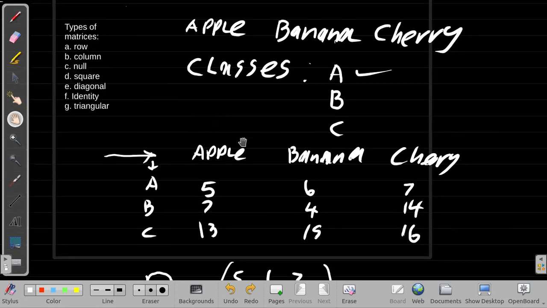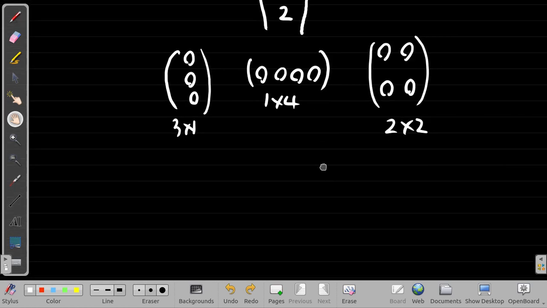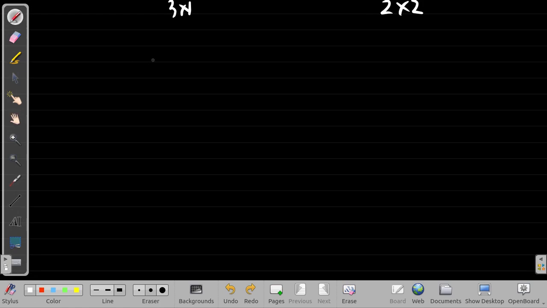Square matrix now. Remember the square: the width and height are the same. So with a square matrix, the number of rows and the number of columns are the same. So you have, I would say, A, B, C, D. The A, B, C, D can represent numbers. Sometimes you have matrices where you have letters in them, but they represent numbers.